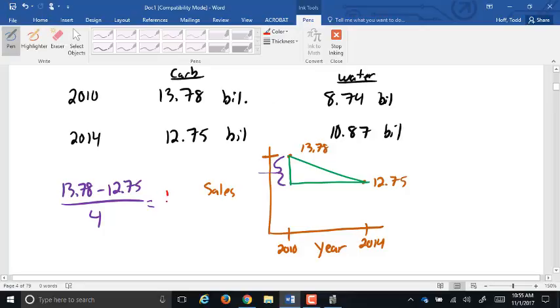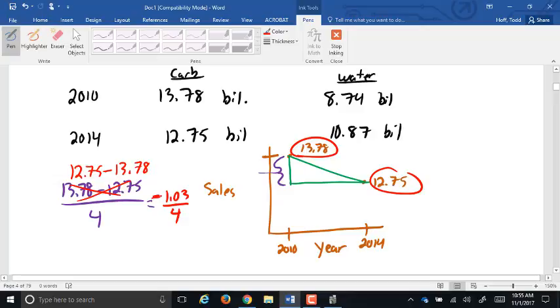Now you have to be careful. You subtract this, you get 1.03 over 4. That is a negative 1.03 because it went down. Technically, I probably should have done 12.75 minus 13.78 because 12.75 was the ending value and 13.78 was the beginning value.